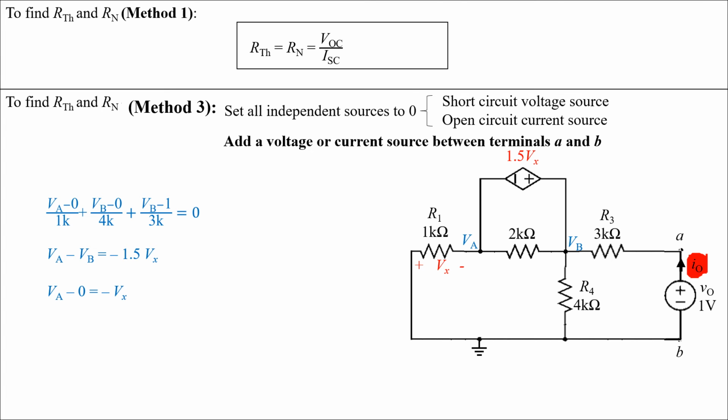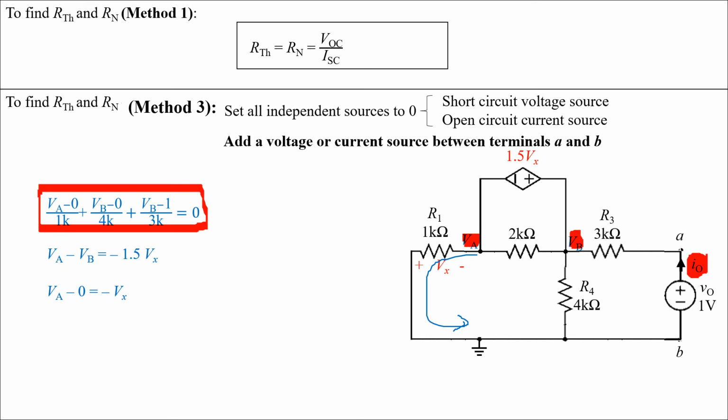To find the current IO, we apply nodal analysis at points VA and VB. We use a supernode analysis to find the VA and VB. So let's look at here. VA minus 0 divided by 1K is the current flowing in this direction. And then there's a current flowing this way.